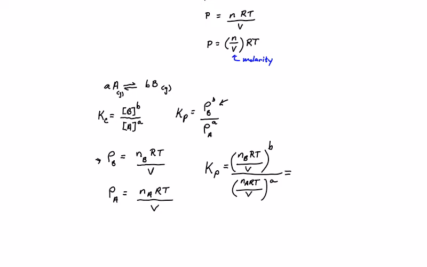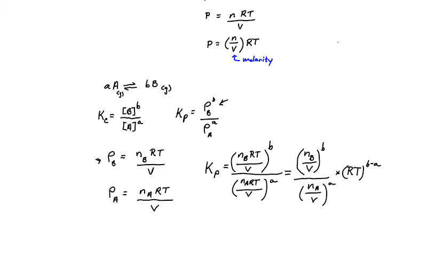Now we can break this out a little bit, and we get the number of moles of B divided by the volume raised to the power of b, divided by the number of moles of A divided by V raised to the power of a, times RT, and that whole thing raised to the power of b minus a if we're using our exponent rules.